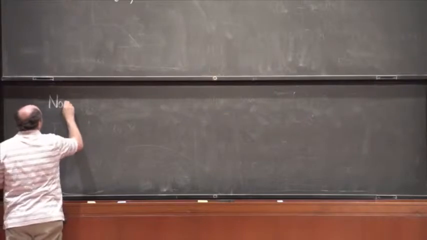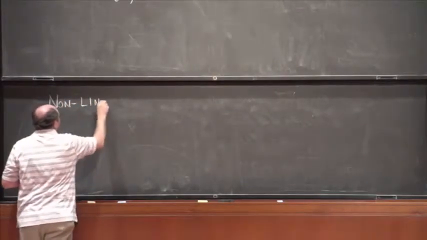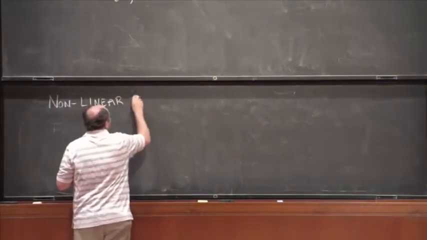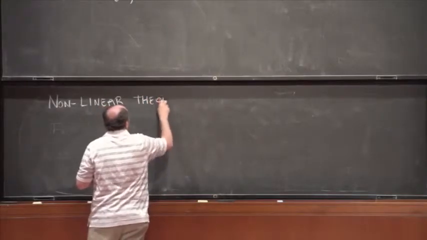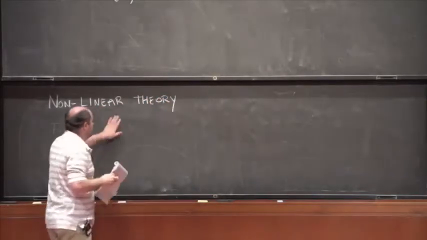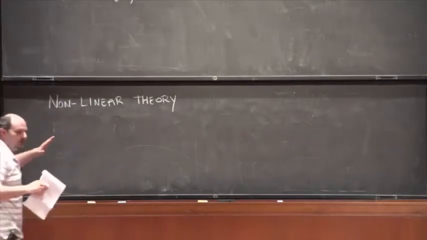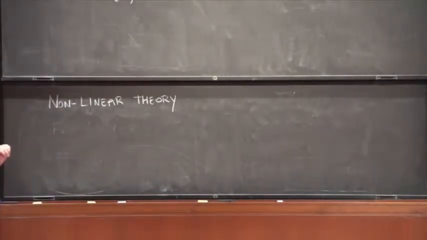So in the nonlinear theory, well, this may not be the unique way to do it, but this is the way that Vasiliev solved the problem of writing down interactions for these fields.